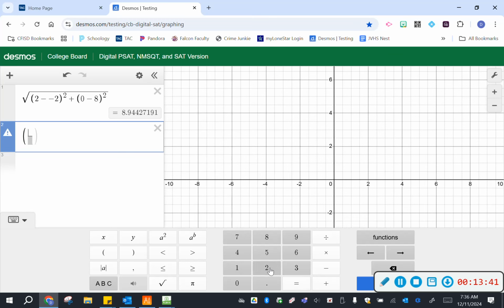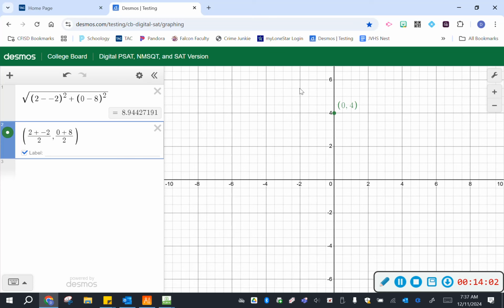Divided by 2 plus negative 2 divided by 2, right? And then I'm going to arrow over, and I do a comma, see if this works. Then hit divided by again. Arrow plus divided by 2. And answer, what's my answer? All you got to do is click the dot and click this. What is the answer? 0.